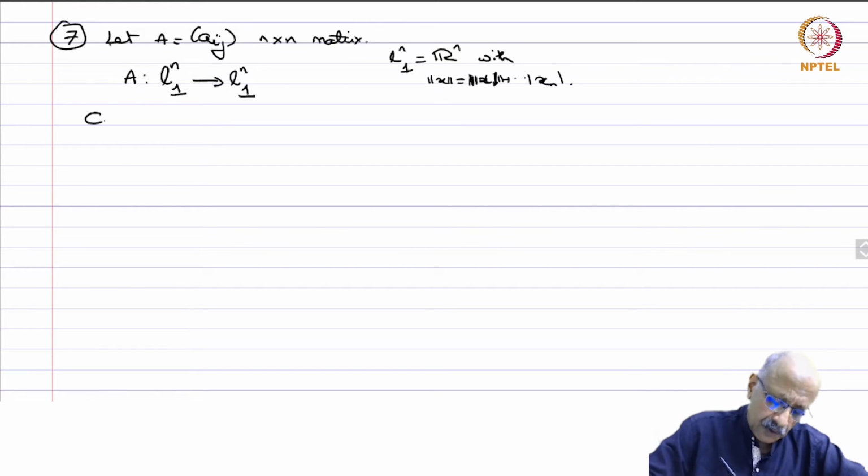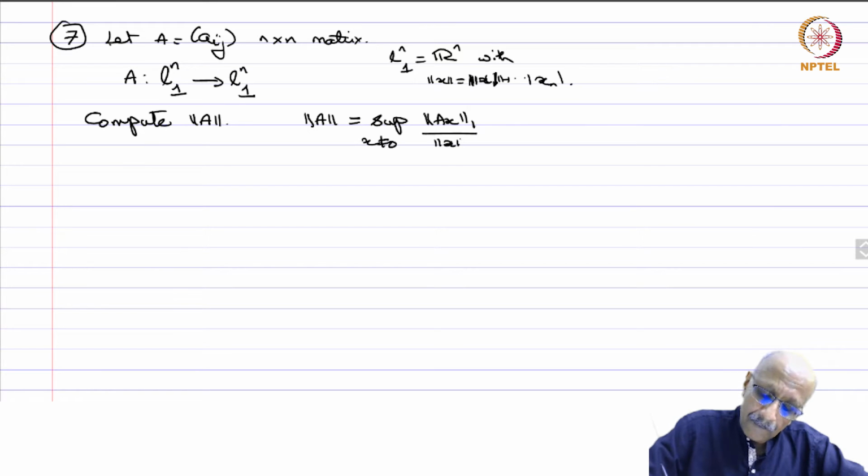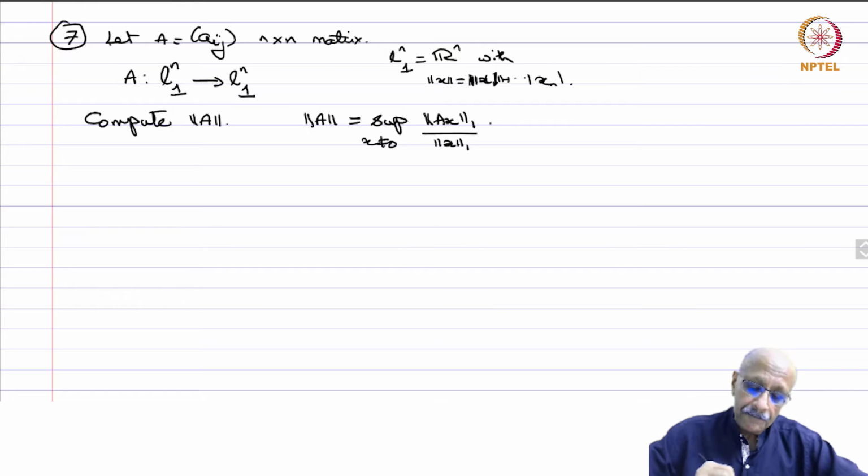So compute norm A. Recall that norm A is nothing but, one of the various formulas, the supremum over x not equal to 0 of norm Ax 1 by norm x 1. So, let us compute first (Ax)_i.